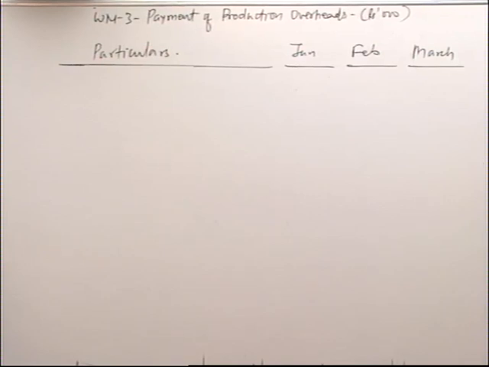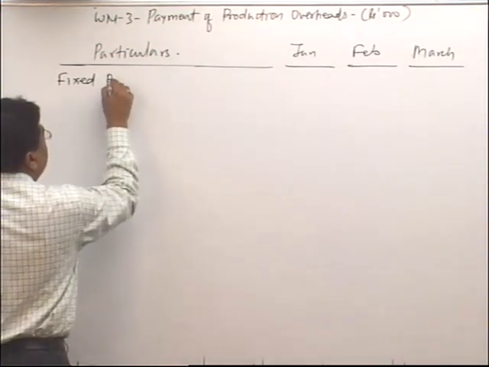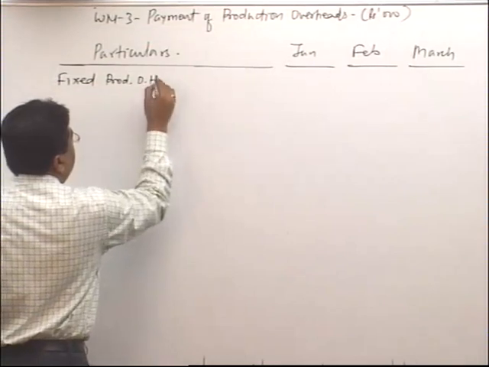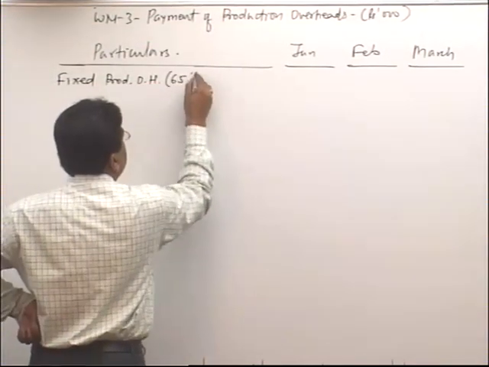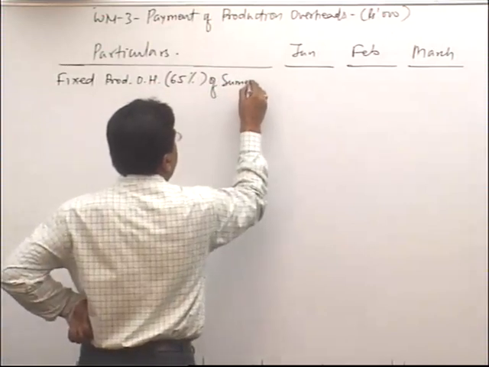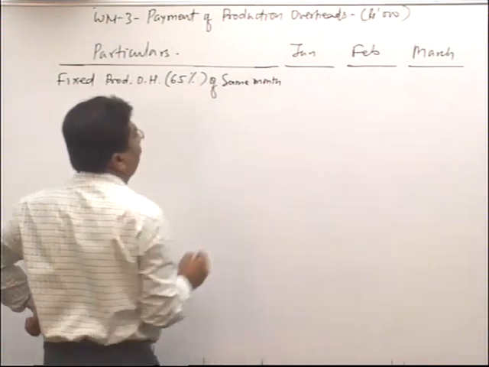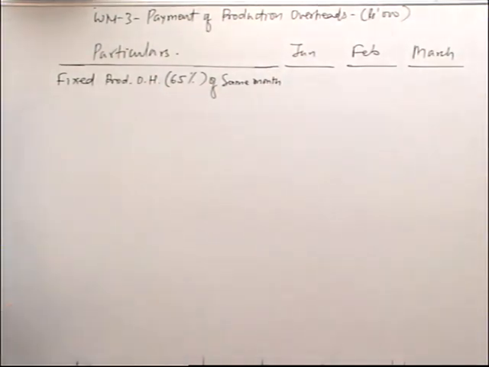So take 65% of same month's total production overhead. So here I write fixed production overhead, which is 65% of same month. As it is paid in the same month, you have to count 65% of same month.